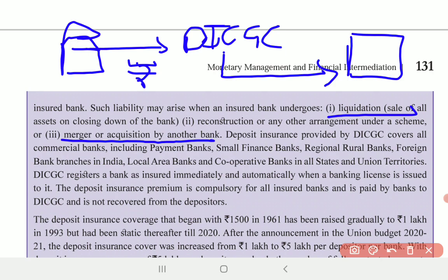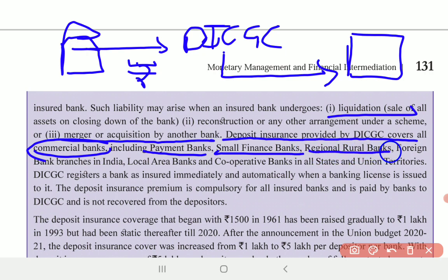The insurance provided by DICGC covers all commercial banks, including payment banks, small finance banks, RRBs, foreign branches in India, local area banks and cooperative banks in all states and UTs.